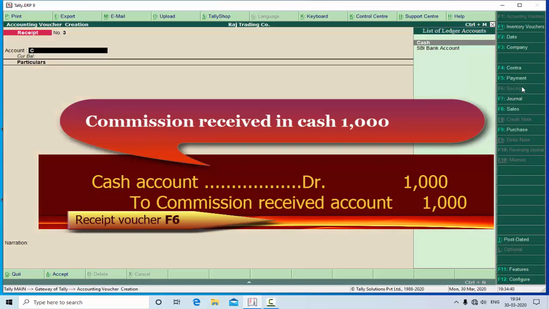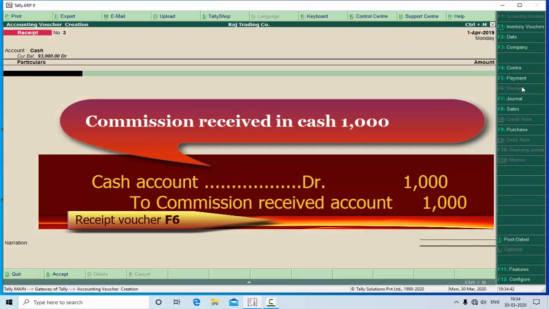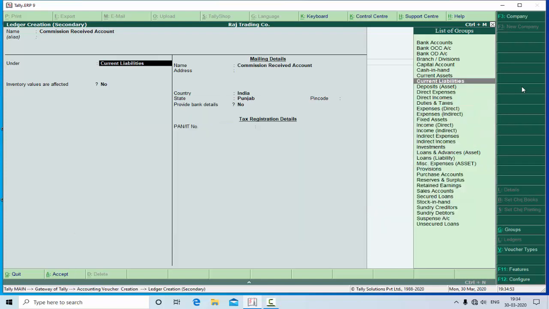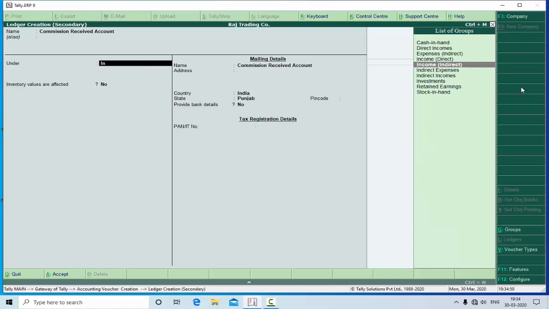Enter the name, select the ledger cash, or create the commission received account under the head indirect income. All the incomes of the business, like commission received, rent received, interest received, which are not directly related to the main business income.